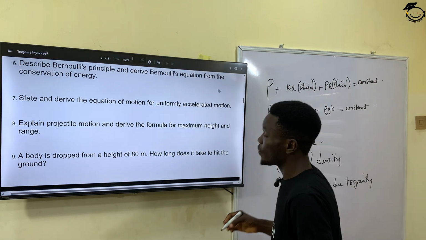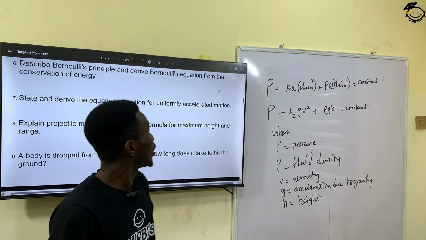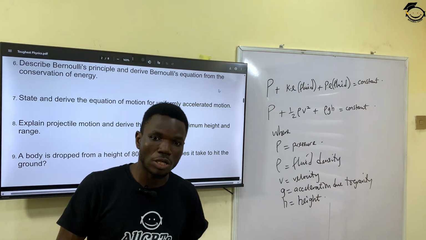So this is the formula for Bernoulli's equation with the constant.